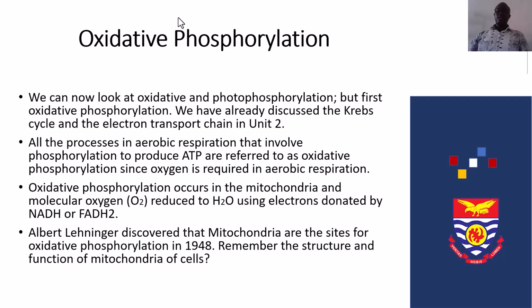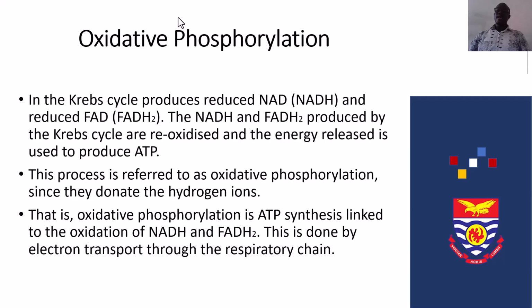Albert Lehninger discovered that mitochondria are the sites for oxidative phosphorylation in 1948. Remember the structure and function of mitochondria. So the Krebs cycle produces reduced NAD, that is nicotinamide adenine dinucleotide, and reduced FAD. The NADH and FADH2 produced by the Krebs cycle are reoxidized, and the energy released is used to produce ATP.